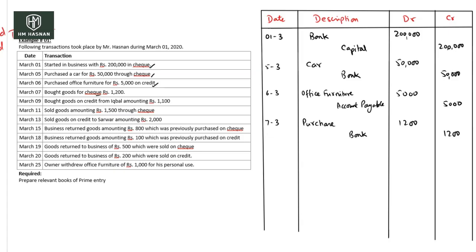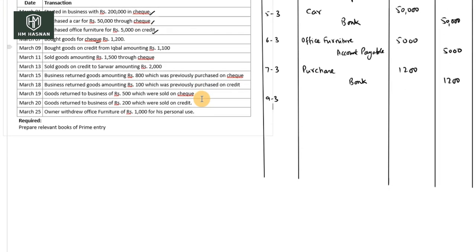And the next one is 9 March. Bought goods on credit from Iqbal. So we purchase goods from Iqbal, so Iqbal will be our creditor.